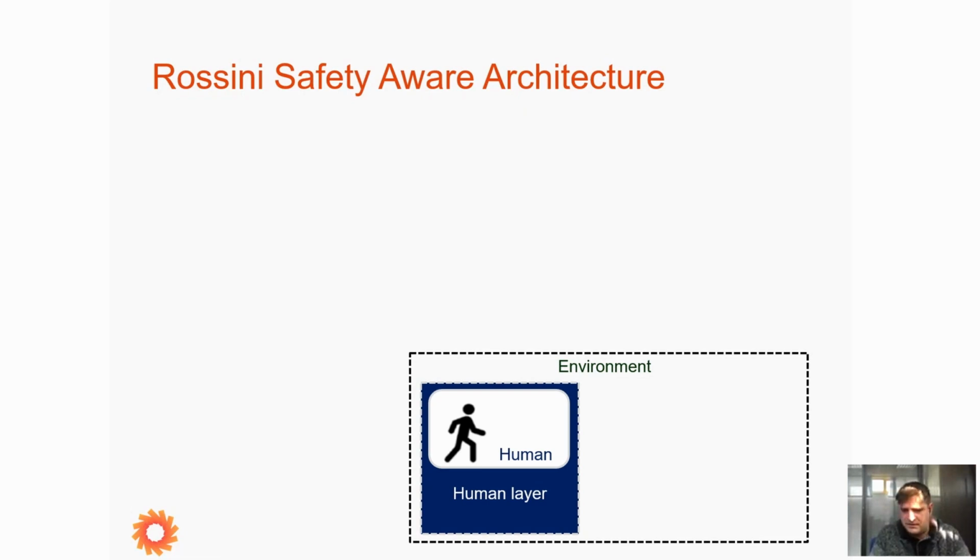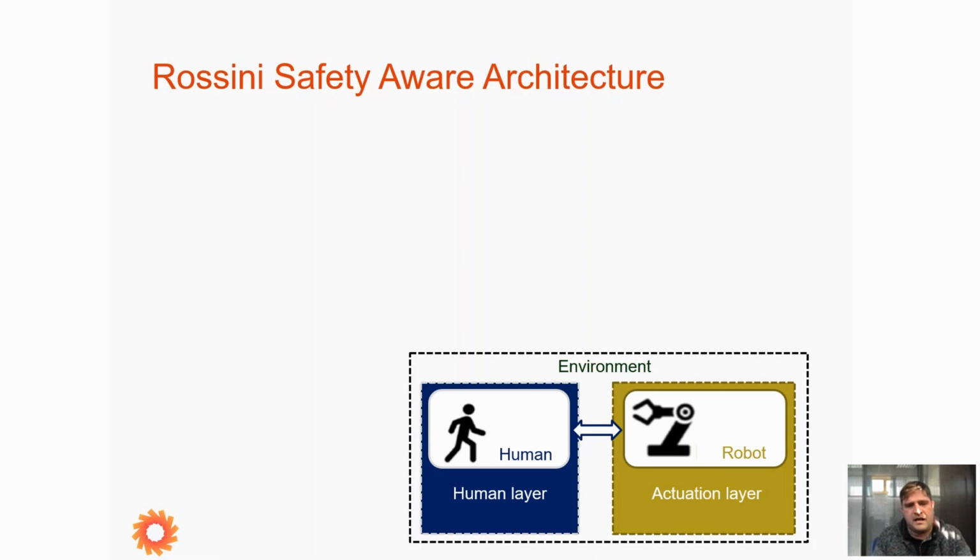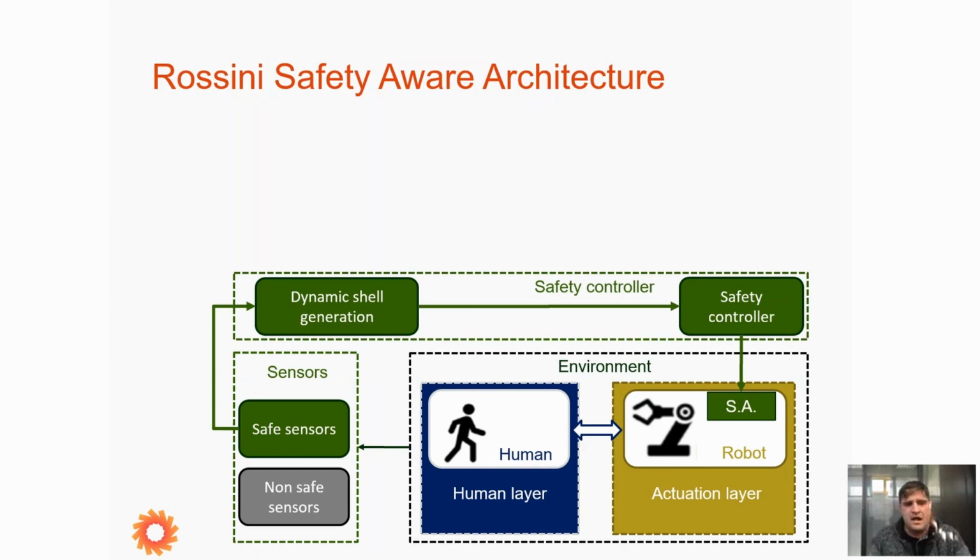Basically, the architecture has at its core the human layer, the operators that must dialogue and collaborate with a robot that you can see as a virtual layer, and surrounding the environment with a set of sensors that feed a safety controller with data that allows it to generate a dynamic shell to let the robot perform differently according to the interaction with the humans.